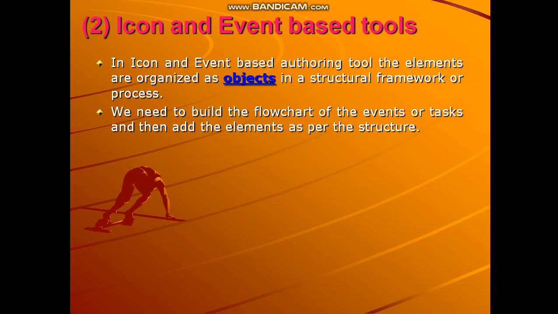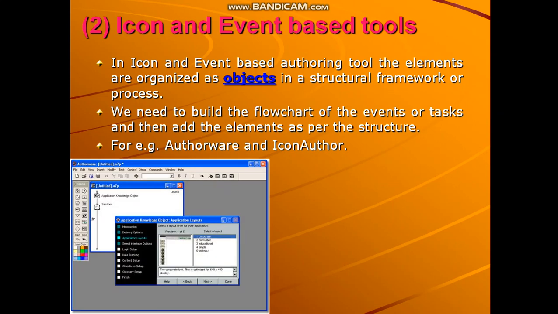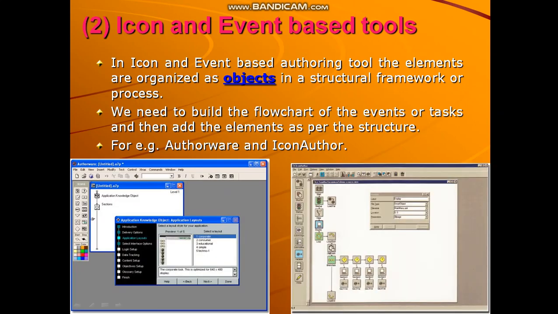Flowchart means whatever work we want to do, that we can create on paper. So such programs are AuthorWare and Icon Author. This is AuthorWare and this is Icon Author. Here you can see several icons are given. These are the individual objects and we can click on it and view the animation.